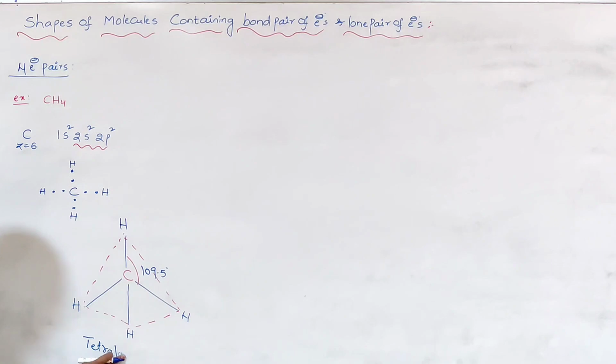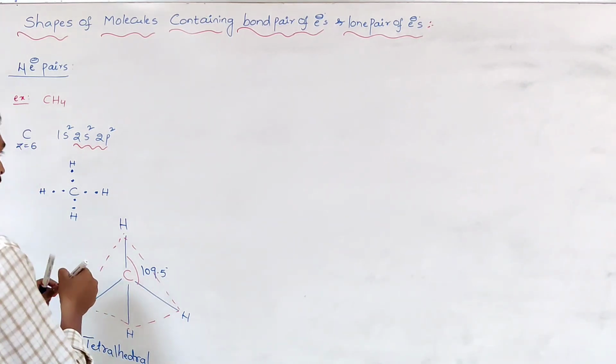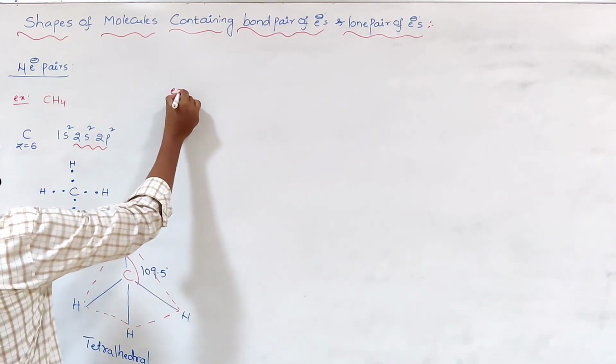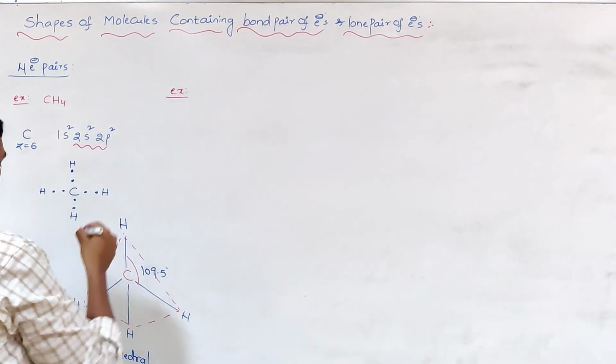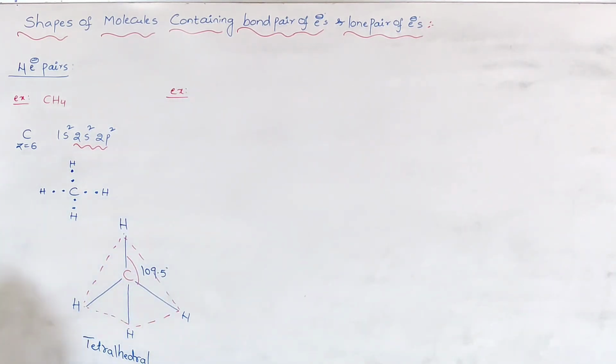So there is no distortion of geometry, and as expected, the bond angle is 109.5 degrees. So if four electron pairs are bond pairs, the molecule adopts which geometry? Tetrahedral geometry. What is the bond angle? 109.5 degrees. Suppose out of the four electron pairs, three are bond pairs and one is a lone pair.